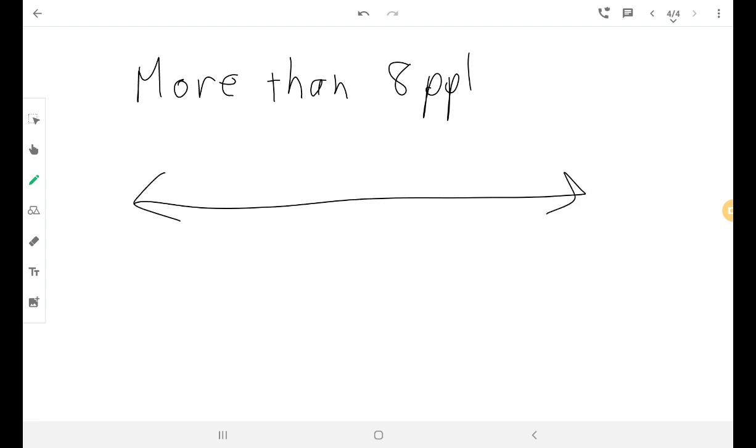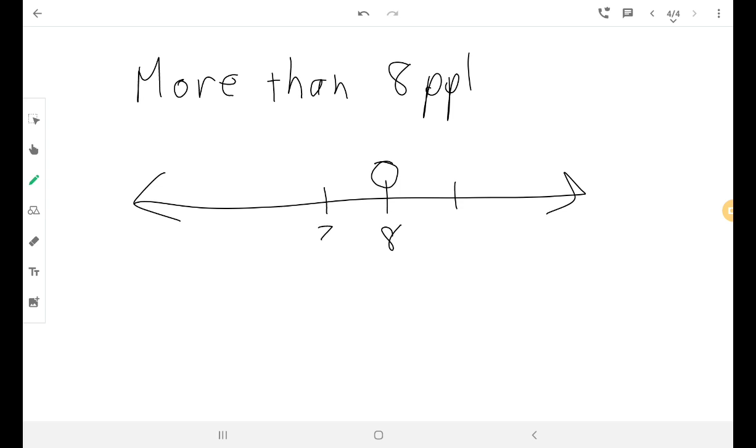And I can use the same strategy here. I'll mark 8, and I have to have more than 8. So I can't include 8, but I have to talk about it because it's an important number. So I'll put an empty circle, a circle that's not filled in.